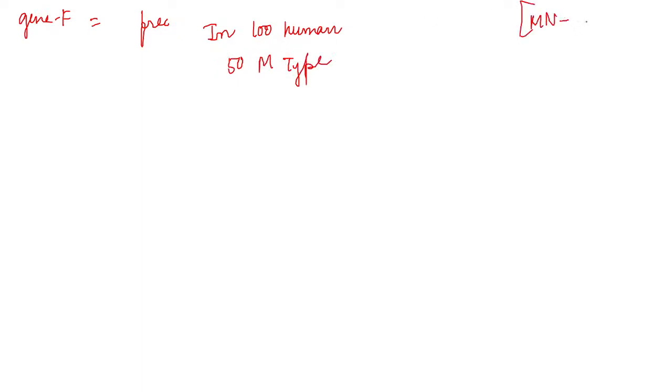Now how can we calculate gene frequency? We can calculate gene frequency in a given population, directly or indirectly, depending on the type of character. If I take a population of 100 humans, here we are taking the example of the MN blood group.